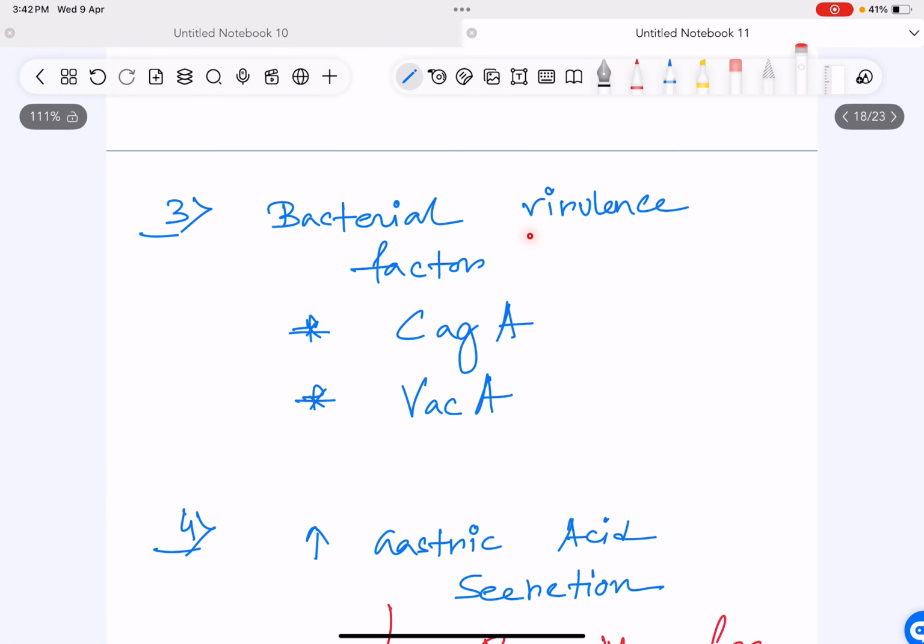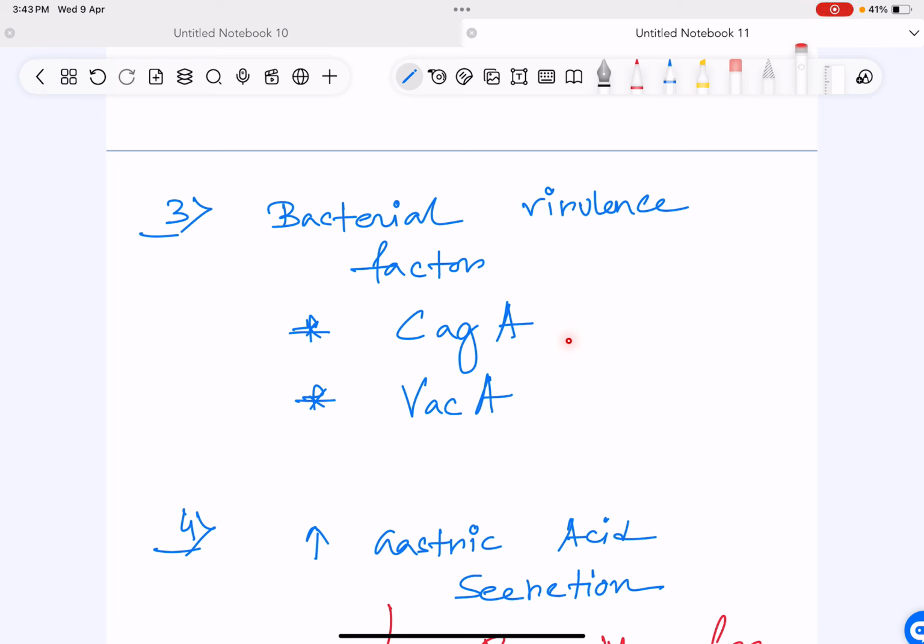Then the bacteria itself has a few virulence factors like CAG-A, that is cytotoxin associated gene A, and VAC-A, vacuolating cytotoxin A. If you want to remember, it's okay. CAG-A increases the risk of cancer.